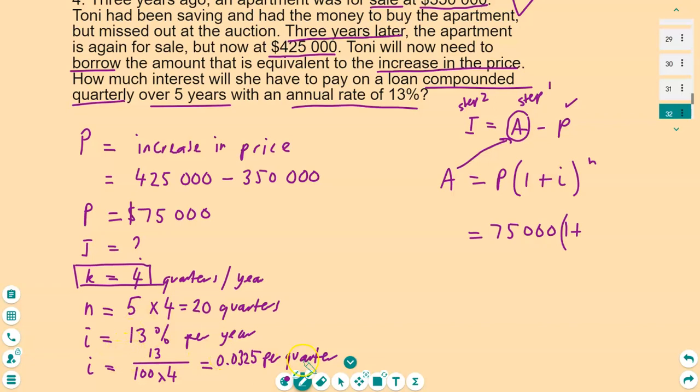I per quarter as a decimal. N as the number of quarters, 20. 75,000 times 1 plus 0.0325 to the power of 20.